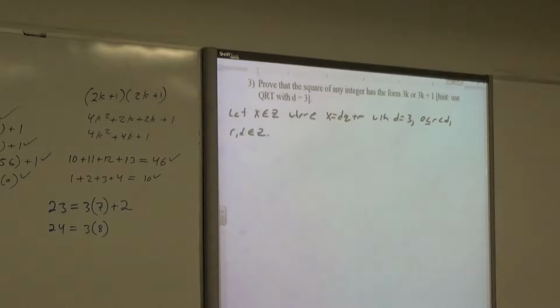So basically, guys, all we're doing is utilizing the quotient remainder theorem here, right? That's all we did at the beginning of class.